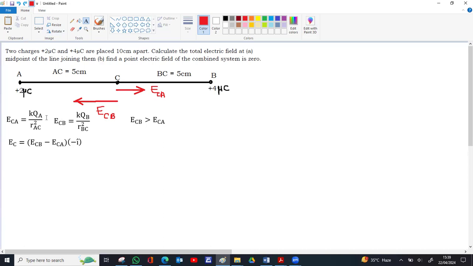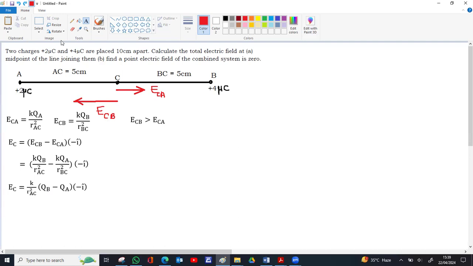Now ECB and ECA you can substitute: K QB by R square BC, K QA by R square AC. Now in this RAC and RBC are both 5 centimeter, so you can take common out. K is common, QB and QA are different. So QB value is 4 microcoulomb, QA value is 2 microcoulomb, K is 9 into 10 raised to 9.